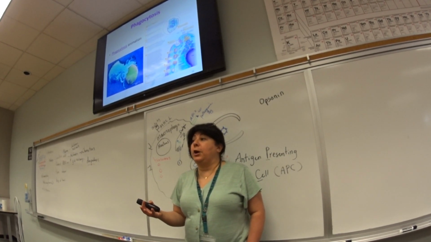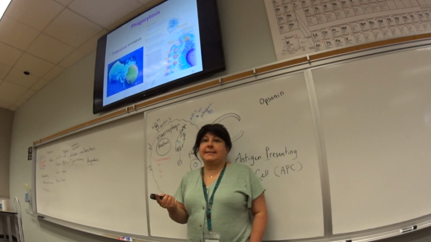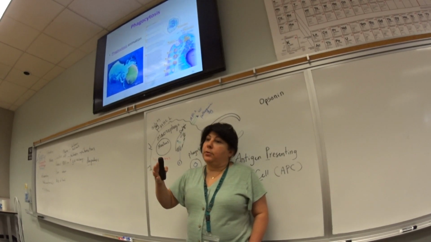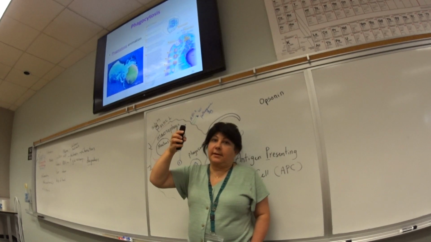Complement only works on cellular pathogens, so the complement cascade will not work on a virus. It will only work on cellular pathogens where it can poke a hole and lyse them, break them open. The hole goes through the whole cell wall and cell membrane.